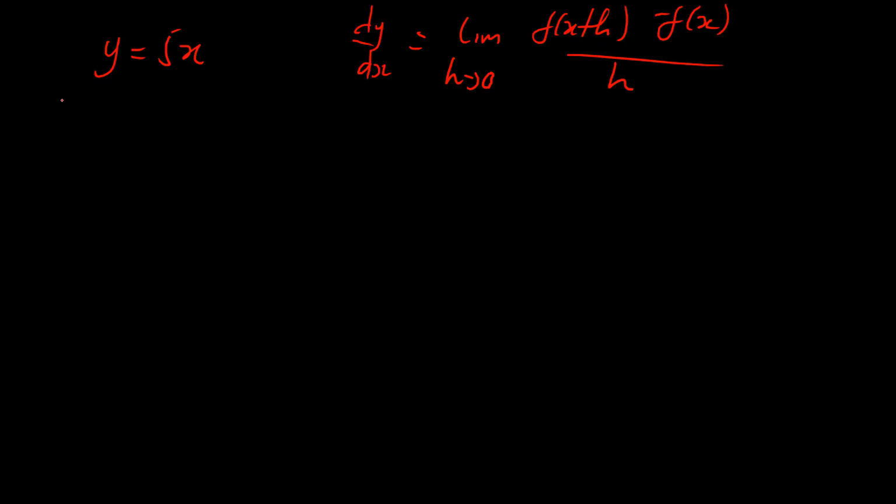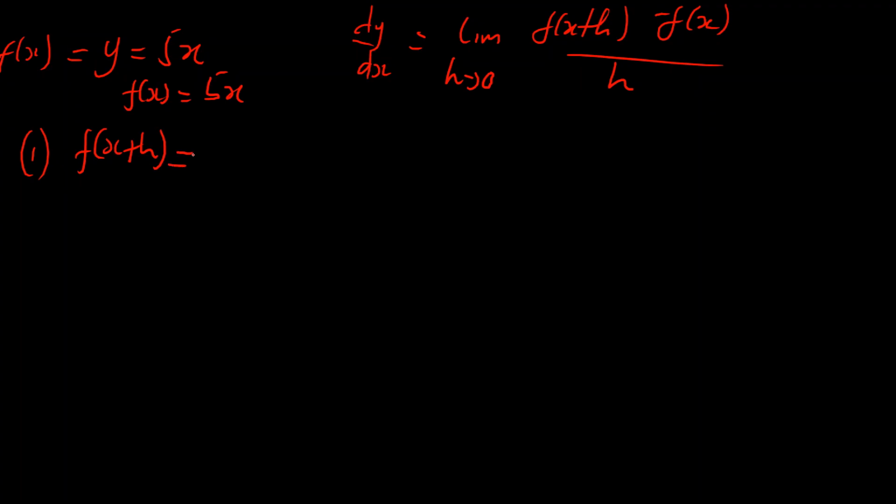So now, step 1, what is our f of x plus h? Now remember y equals 5x is the same as f of x, right? Now, so we have our f of x to be equal to what? 5x. Now what is f of x plus h?